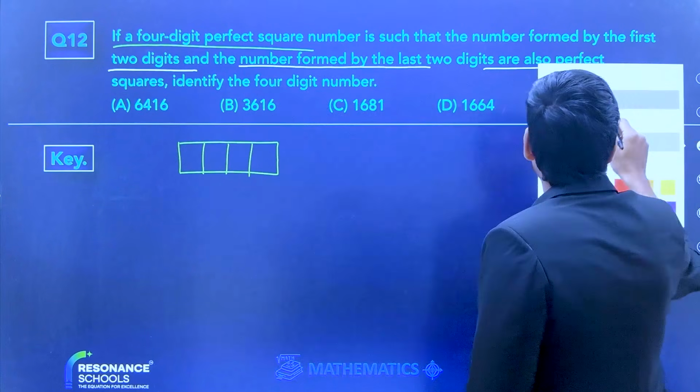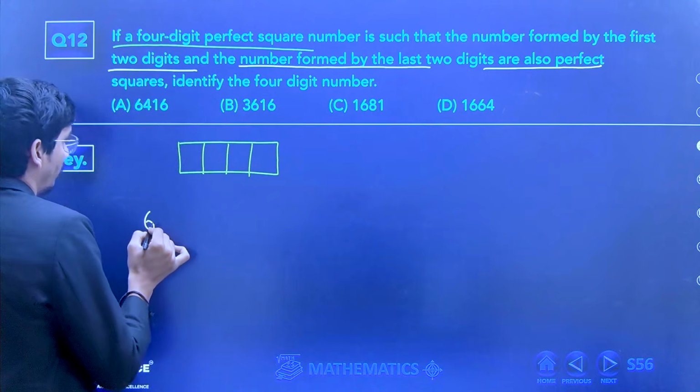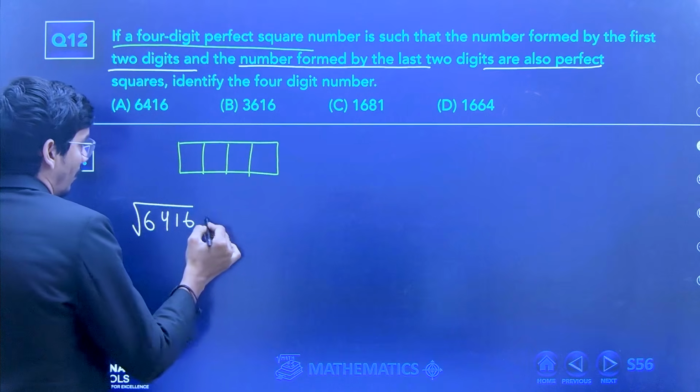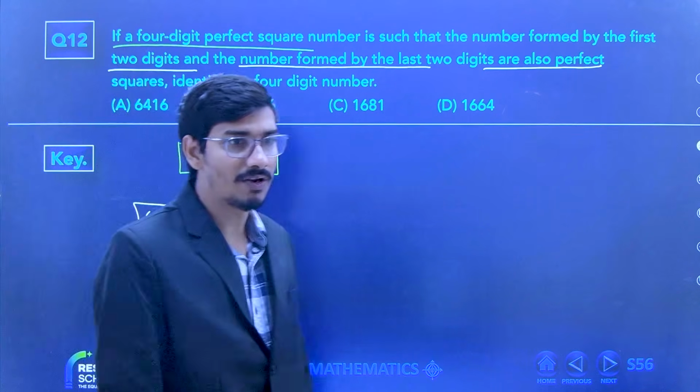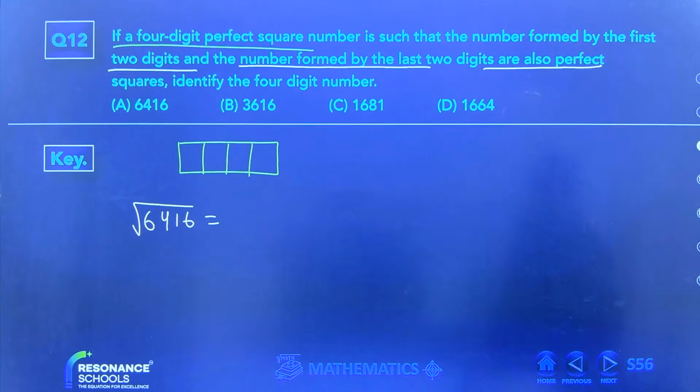So now come to the first option. What is the square root of 6416? Is it any perfect square? Sorry, the square root of 6416.